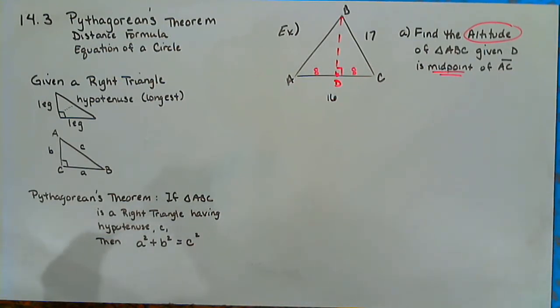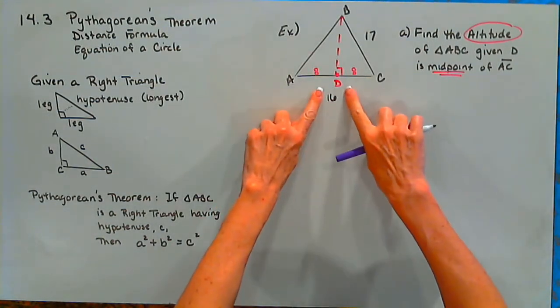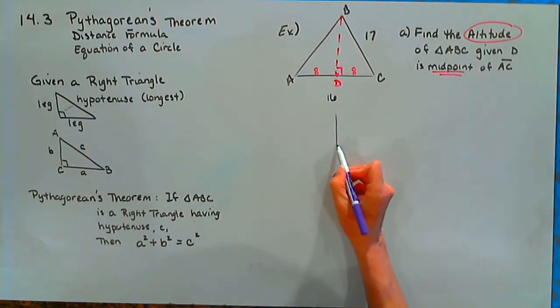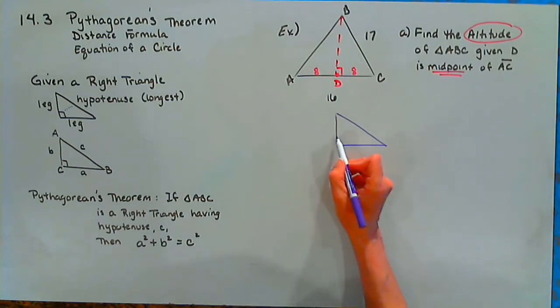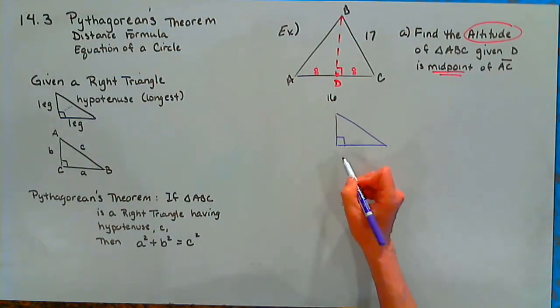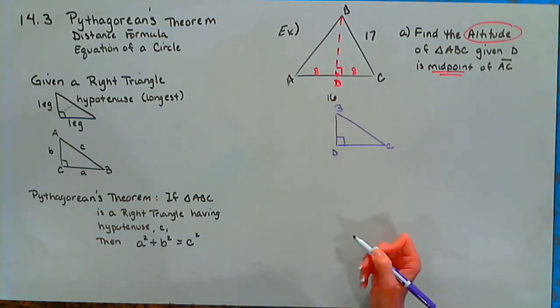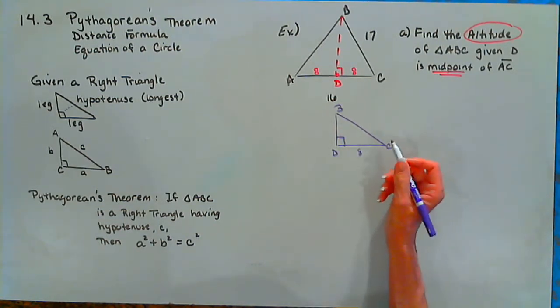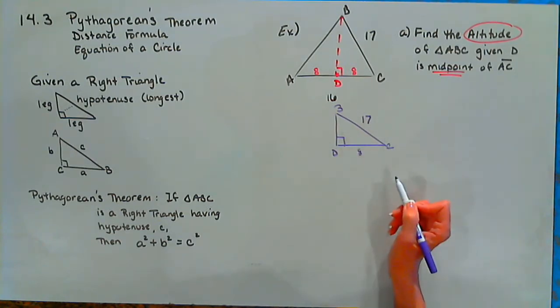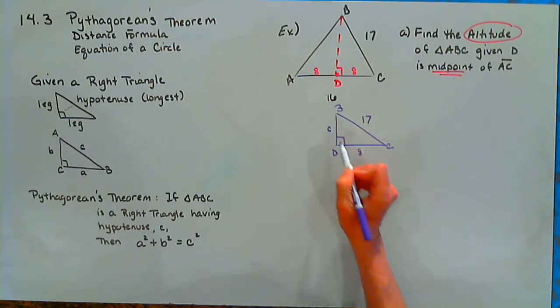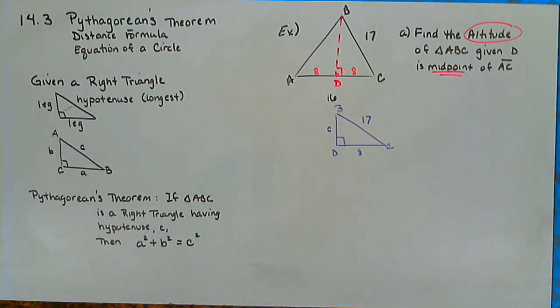And so now what I'm going to do is pull this one large triangle apart into two smaller triangles, and just analyze using one of these triangles. I now have a right angle, point B, point C, point D. This is 8 units long. This hypotenuse is 17 units long. And in this case, I'm looking for side C, which is across from angle C, and I want the altitude.